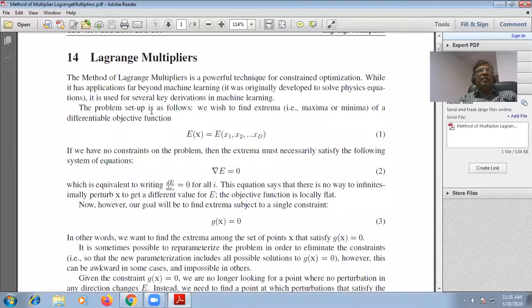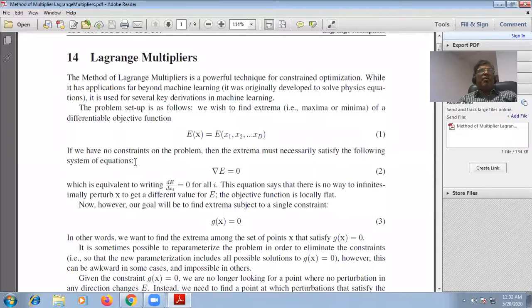The problem setup is as follows. We wish to find extrema, the maximum or the minimum value, of the objective function E(x) is equal to E(x1, x2, x3 up to xd). Consider this as equation 1.